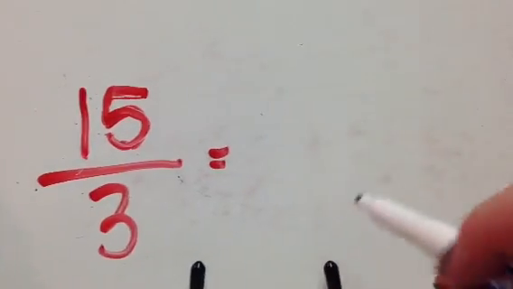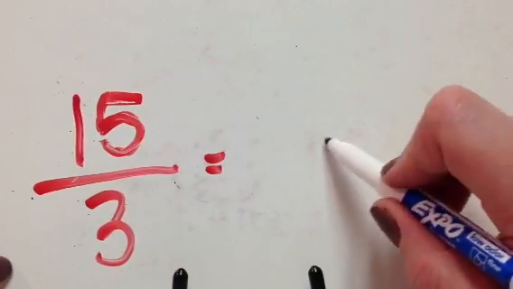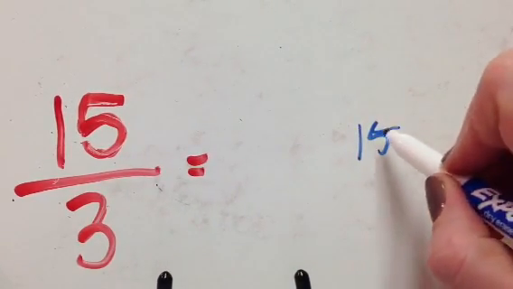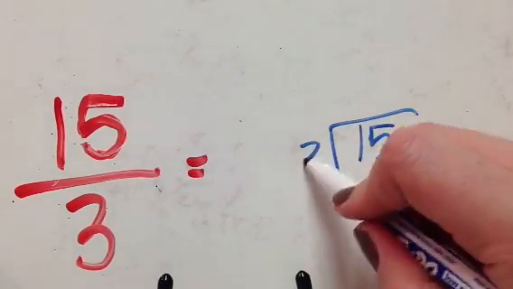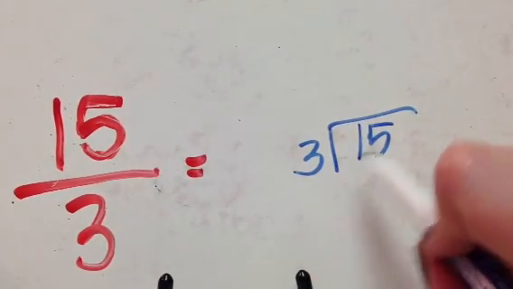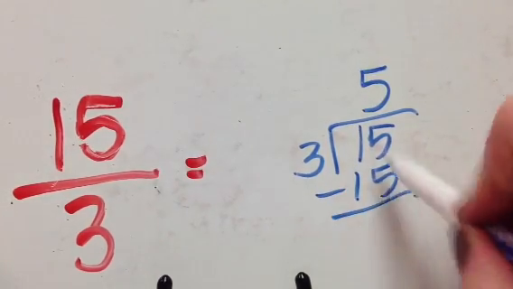But let's do the math for it here, because remember 15 is divided by 3. 15, whoop, that 5 looks funny. 15 divided by 3. 3 can go into 15 5 times, which is 15.